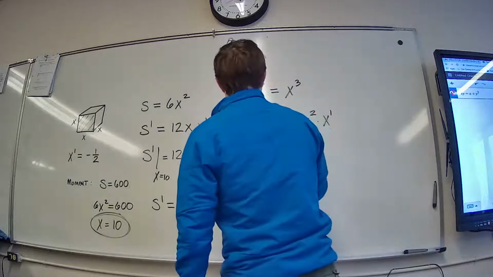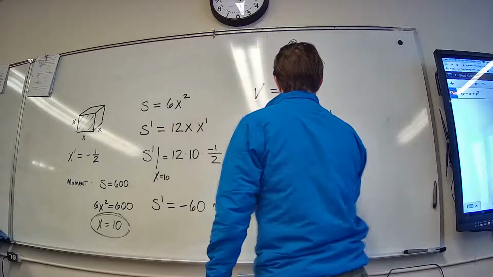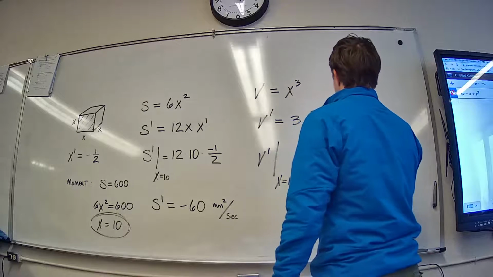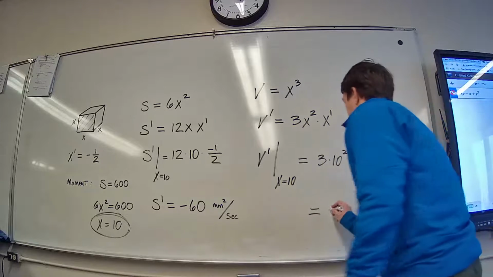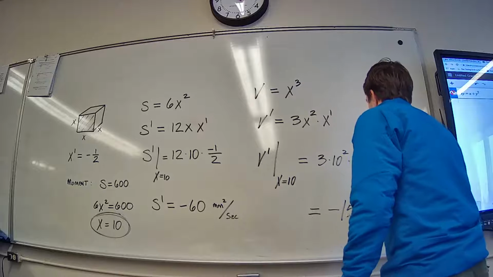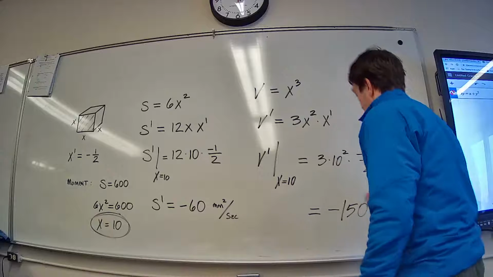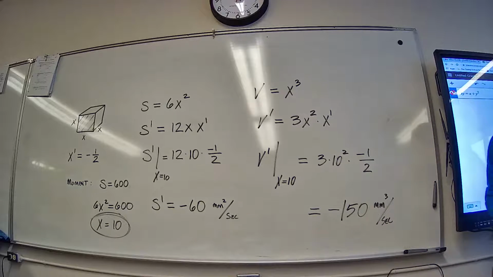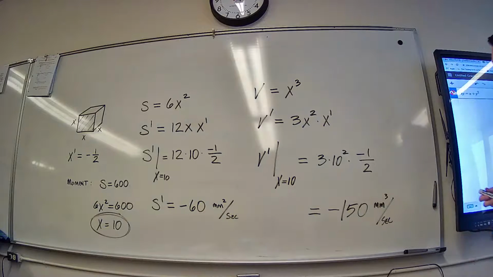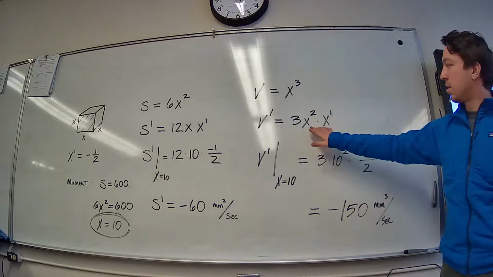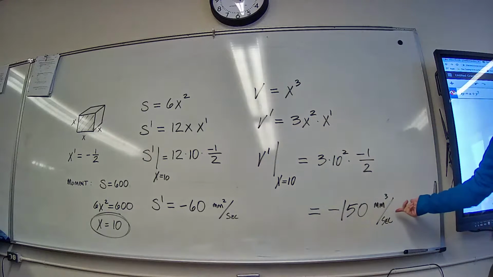And then V prime at the moment when x is 10, again the same moment we're looking at: 3 times 10 squared times negative 1/2 gets you negative 150. This time the units are cubic millimeters per second. The units work out because this would be millimeters squared times millimeters per second, which works out to millimeters cubed per second.